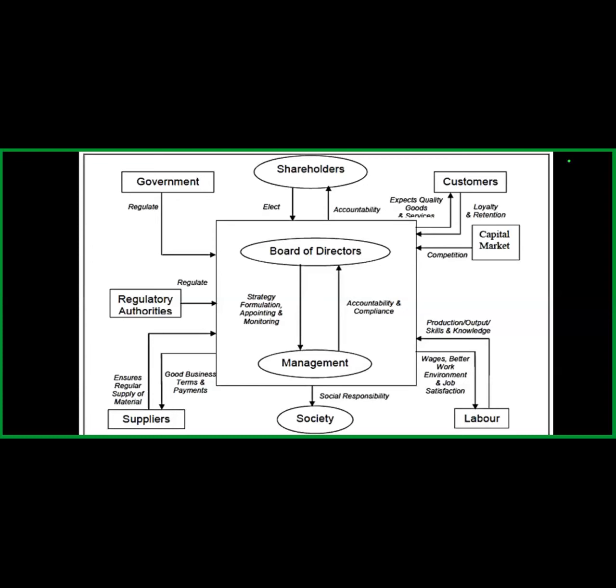Social activities, we have seen that many companies are involved in, say, making of the concrete road, or they put up the street lights, or they make schools, hospitals, playgrounds for the children. So all this comes under the corporate social responsibility activities.